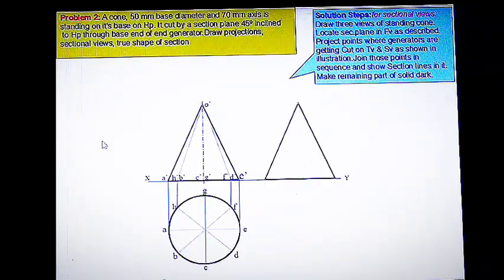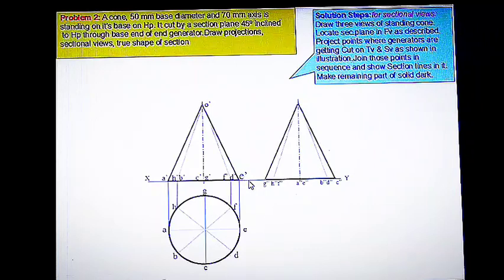Now the side view, we can draw the side view like this at a convenient distance away from the elevation. Now again we have to locate the corresponding points. See here G is the topmost point.